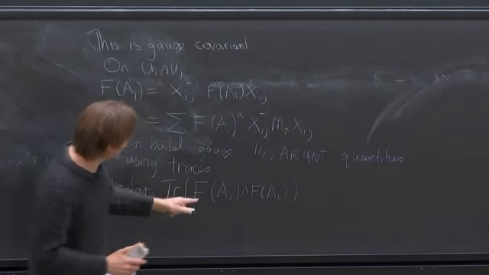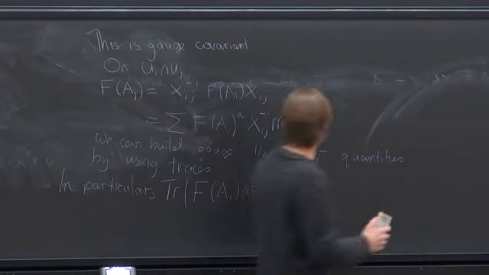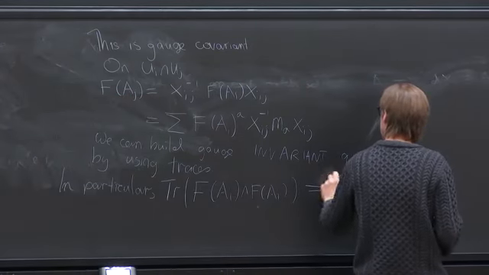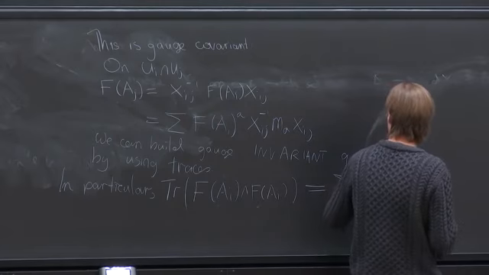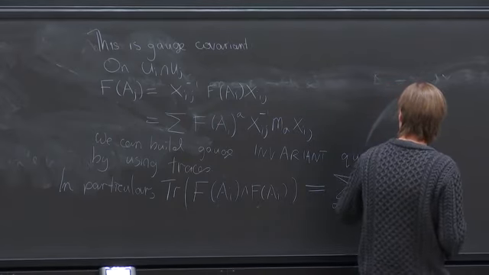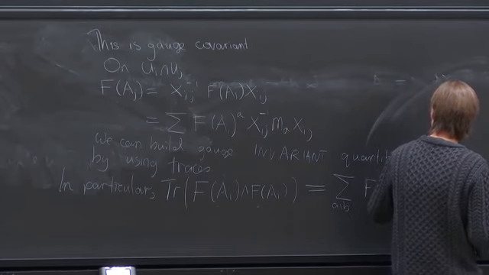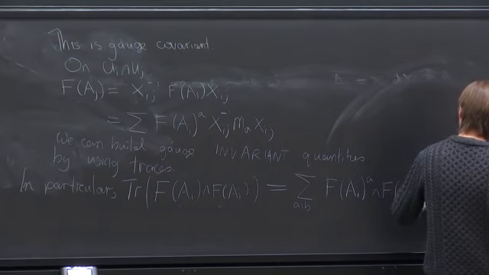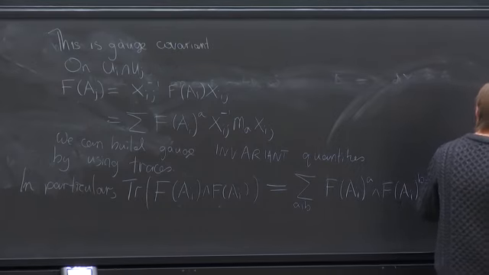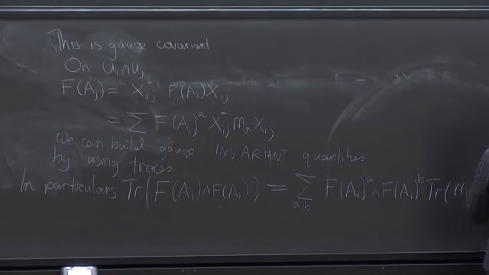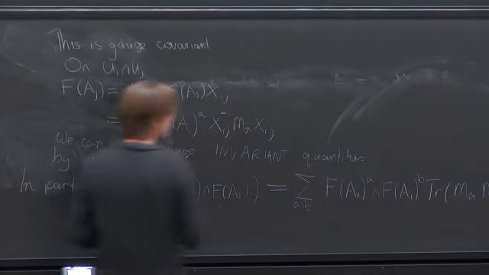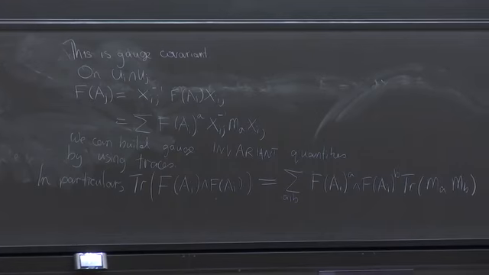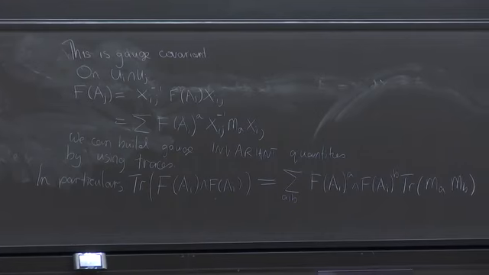What does this mean? I expand this in terms of matrices: the sum over A, B of F_i^A wedge F_i^B times the trace of the product of the corresponding matrices. Okay. So this expression turns out to be gauge invariant, meaning it's the same on any two coordinate patches.